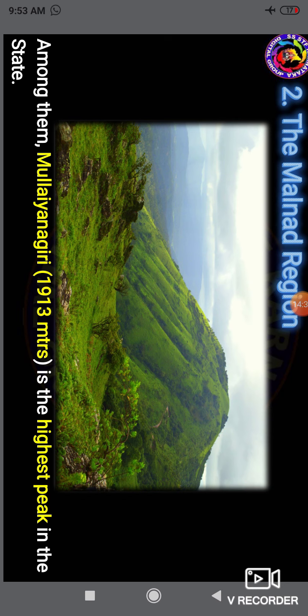So Mullayanagiri is the highest peak. Its height is 1913 meters. So it is called the highest peak in our state.